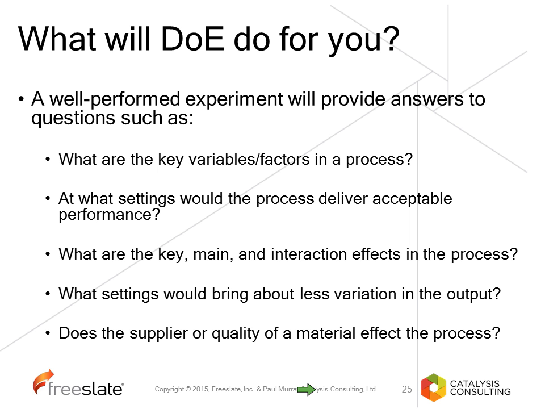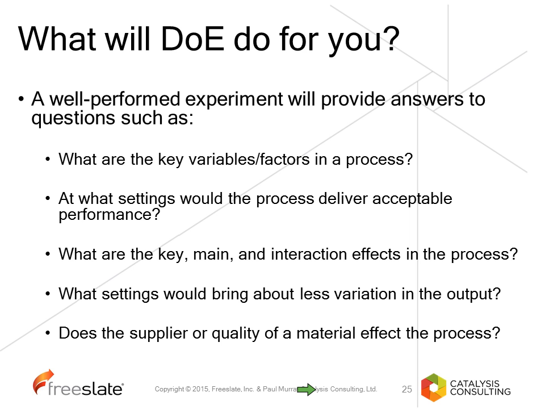It will help you to understand which factors are most important and if there are any interactions between those factors. And at what settings you will have the least variation in the output of your reaction. I have also used this to be able to compare the qualities of material from different suppliers to make sure it doesn't affect your process.